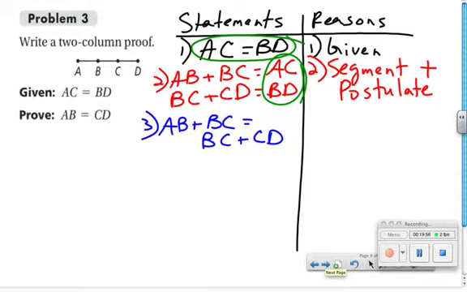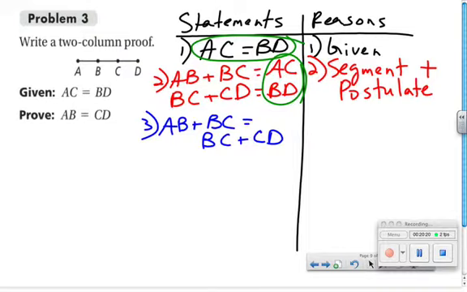Let me put it another way so that maybe you see the connection that she made. Notice that the two equations in statement 2, their right sides are equal. If the right sides of the equations are equal, doesn't it make sense that the left sides should be equal also?